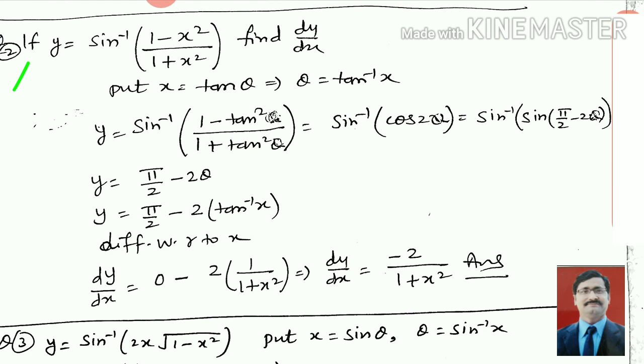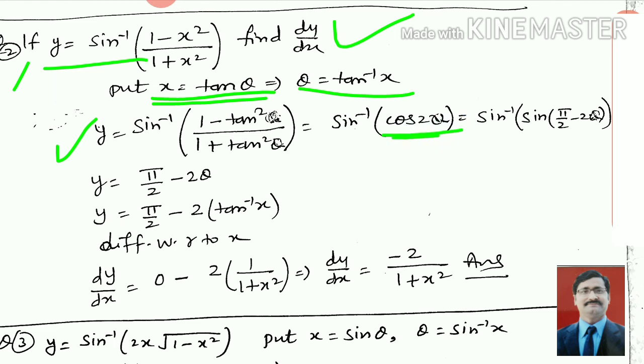Okay, question number 2 is y equals sin inverse of 1 minus x square upon 1 plus x square. You have to find dy by dx. Here also you put in place of x tan theta, and then theta will be equal to tan inverse x. So y equals sin inverse of 1 minus tan square theta upon 1 plus tan square theta, and 1 minus tan square theta upon 1 plus tan square theta we know already is the formula for cos 2 theta. So that is sin inverse cos 2 theta. Here outside is sin and inside is cos, so inside you have to change cos into sin, which you can write as sin of pi by 2 minus 2 theta.